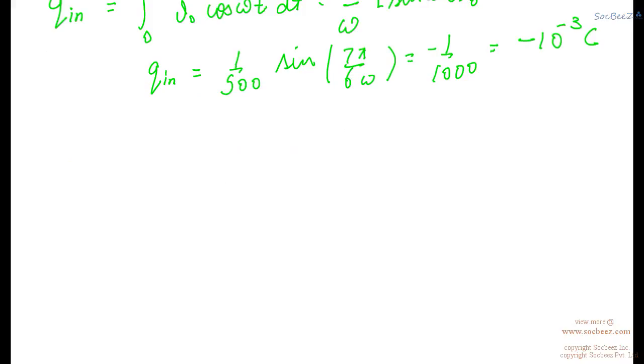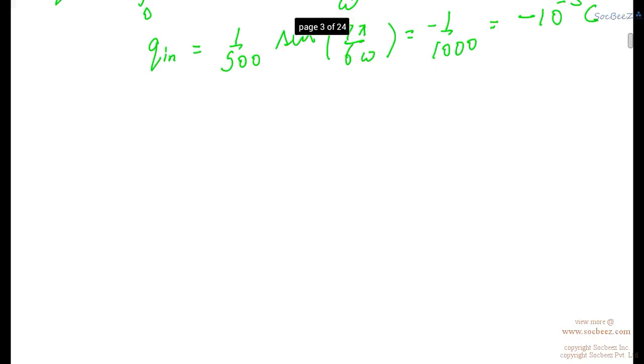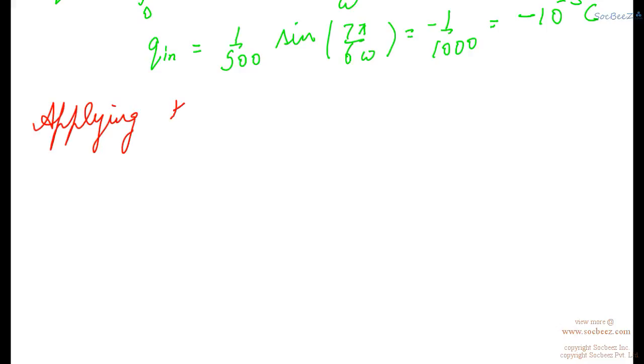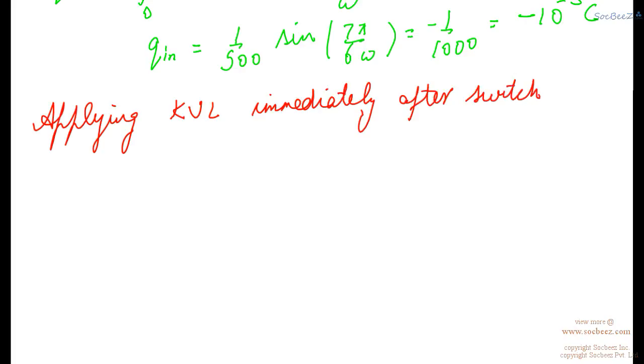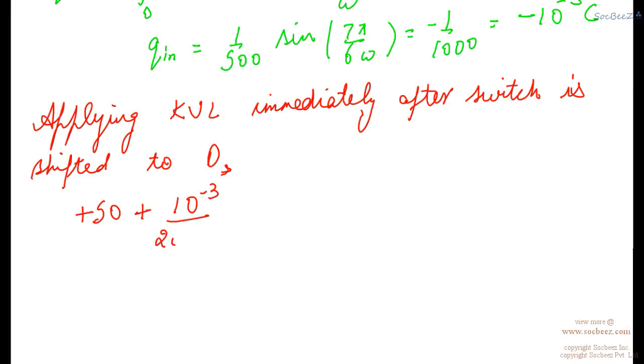Now if we apply KVL, Kirchhoff's voltage law, immediately after the switch is shifted to D, then this comes out to be plus 50 plus 10 raised to the power minus 3 upon 20 into 10 raised to the power minus 6, minus 10 into I, equal to 0.